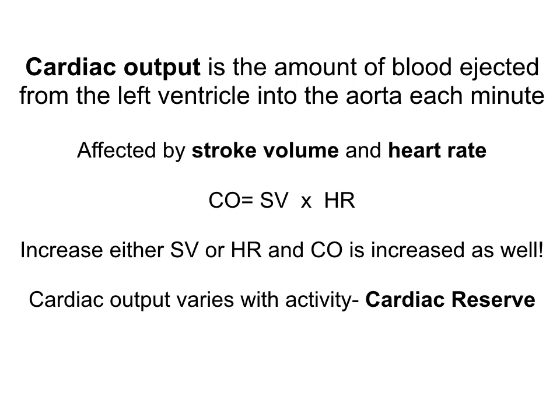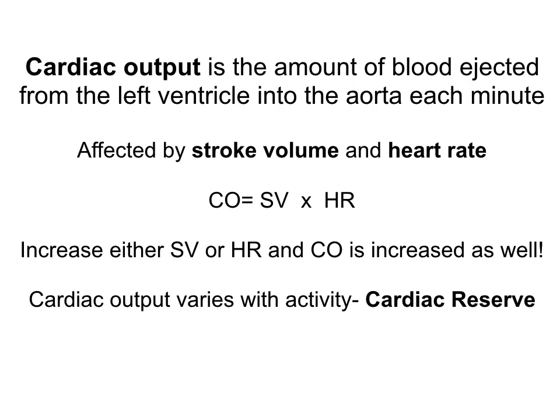We now are going to factor in heart rate, which is the number of cardiac cycles per minute. So if you think about the definition of cardiac output, it's the volume of blood ejected per minute. So we're going to take our stroke volume, which is how much is ejected in one cycle, and then multiply it by heart rate, your number of cycles per minute.